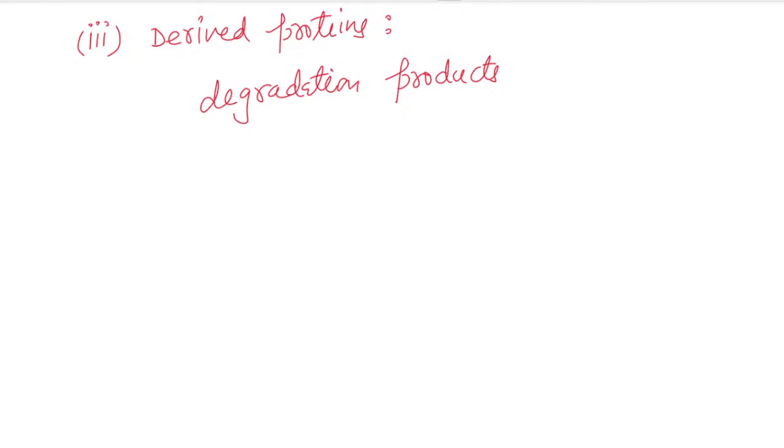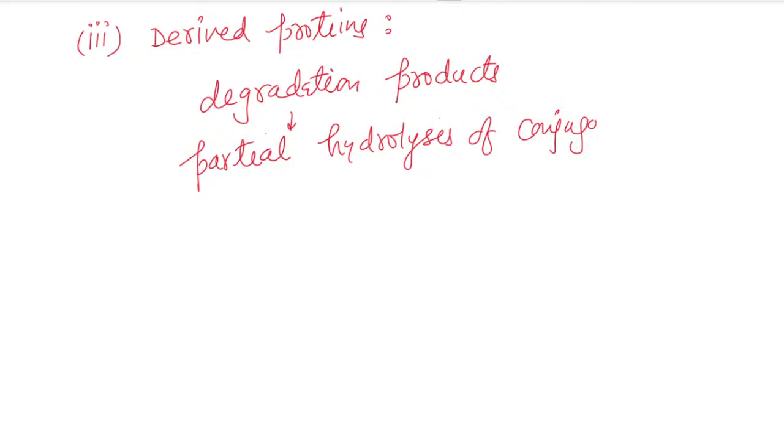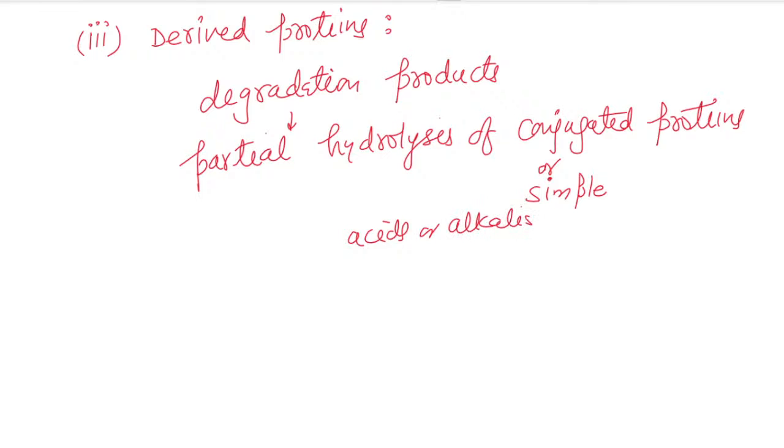Degradation products of what? They are obtained by the partial hydrolysis of conjugated or simple proteins, with acids or alkalis or enzymes.